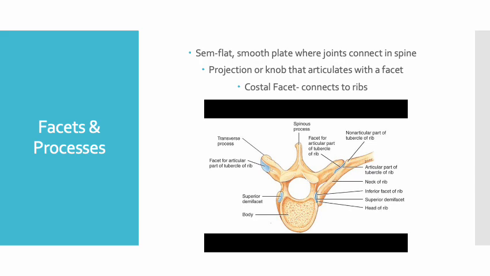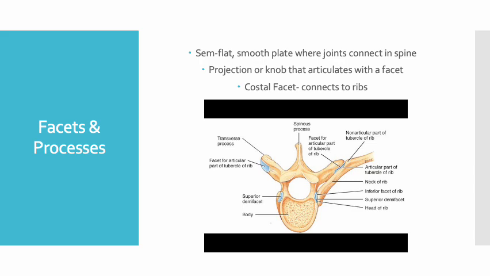That's where another bone will articulate with the vertebrae. The other bone that articulates with that is going to have a projection or a knob that little plate is on, and that's called a process. Remember, we talked about processes last week, and they're like little projections or knobs or little things that stick out.